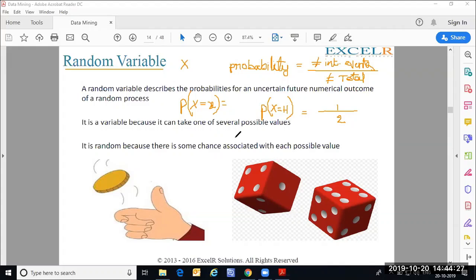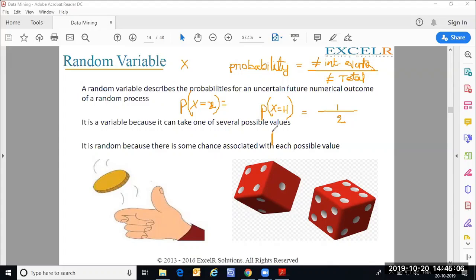And similarly, when I'm rolling a dice, what is the probability that I would get an outcome of 3? 1 by 6. How about getting a 4? 1 by 6. That means there is an equal probability associated for each of the outcomes to turn out to be an outcome of an experiment. Even in case of flipping a coin, we already looked at the probability associated with head being an output is 1 by 2.